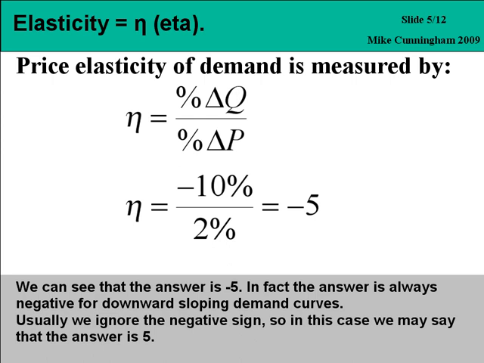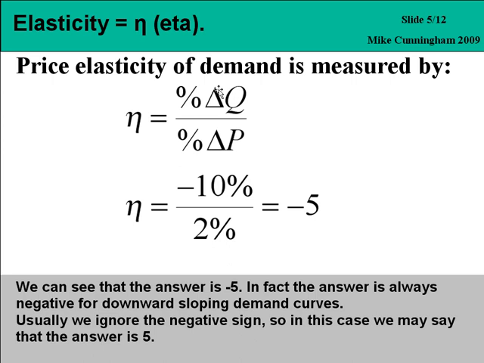And as I said earlier, if prices, let's say, increase by 2%, the percentage change in prices goes up by plus 2%, the demand might fall by 10%, minus 10%. So the percentage change in quantity is minus 10%.